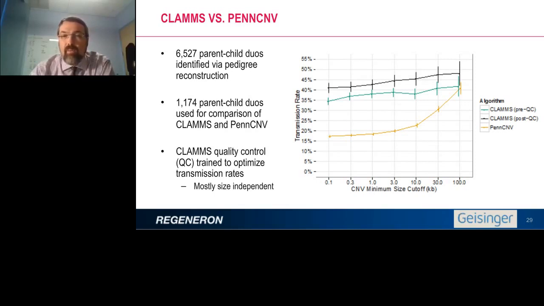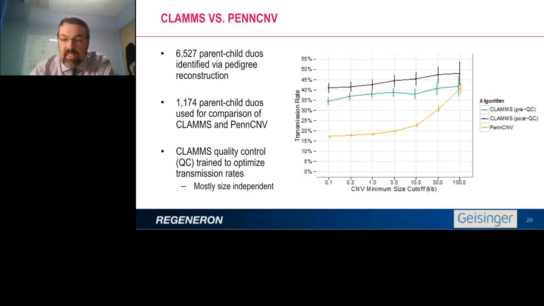And what we found was maybe unexpected, but quite exciting to us: we actually do a little bit better at the larger copy number states than the array. But once we get into the minimum size cutoff below, let's say, 10 kb or 3 kb, the data on the x-axis in the plot here, the yellow line is the PennCNV data, and it really falls off rapidly.